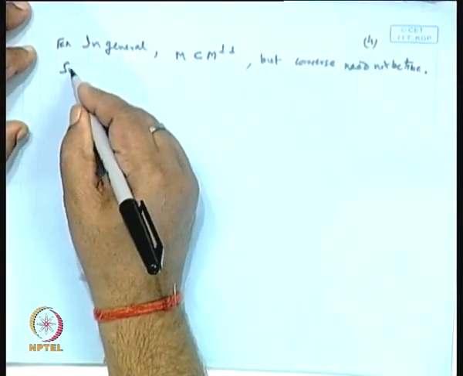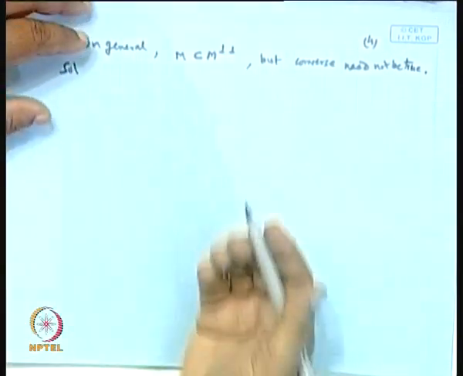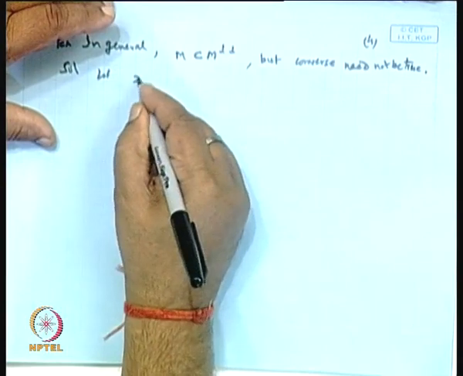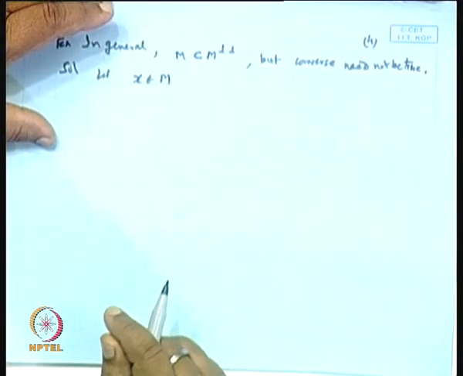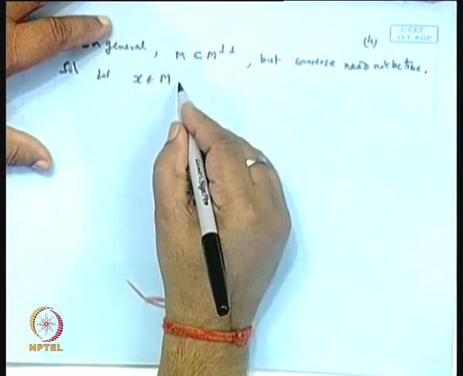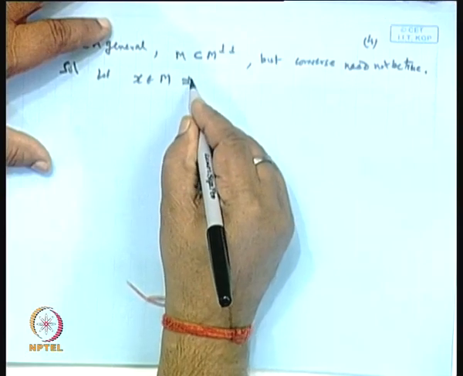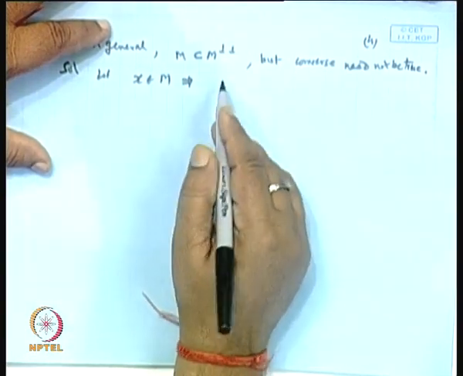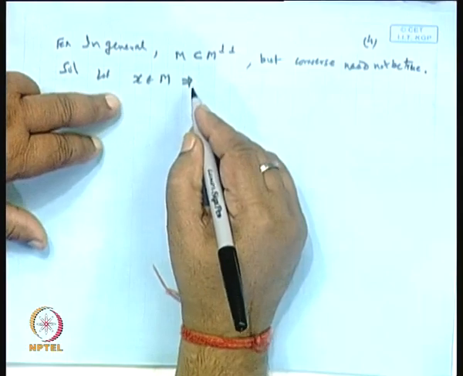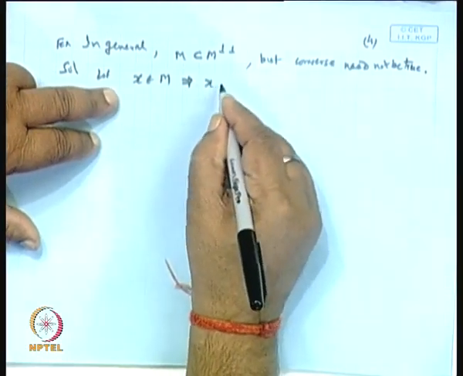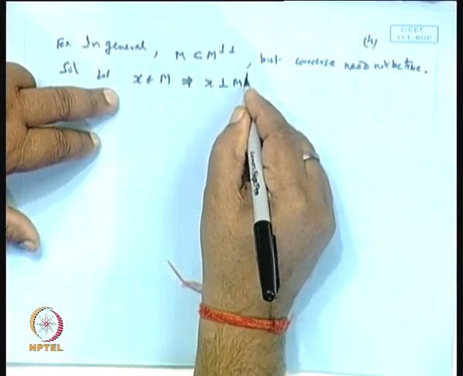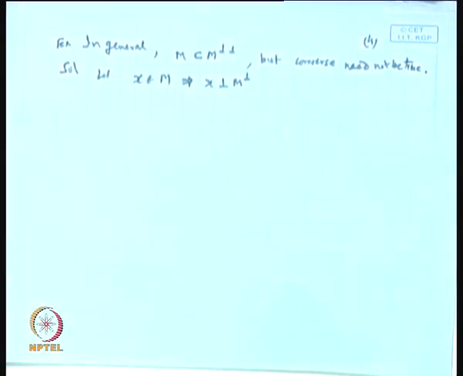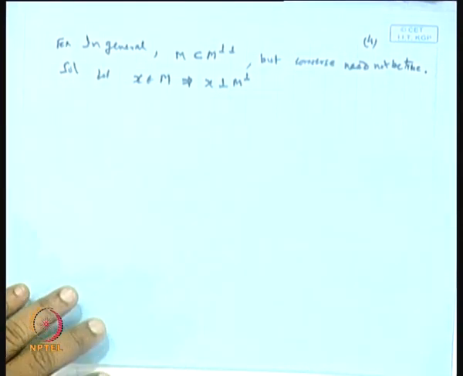The solution is very simple. Suppose x belongs to M. What do you mean? X belongs to M, so x and M perpendicular are at right angle to each other, orthogonal complements.